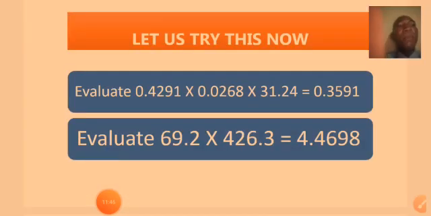You are welcome back from break. Let's try this now. Evaluate 0.4291 multiplied by 0.0268 multiplied by 31.24. I've given you the answer there. The same thing to number 2. 69.2 multiplied by 426.3.